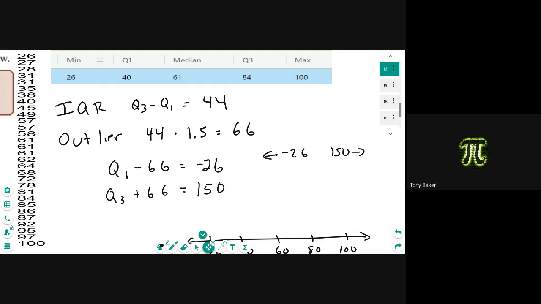But I thought those were outliers. No, that's where the outliers start. -26 and 150 are where my outliers start. I then look at my data, my 30 points that I have here. Do I have any numbers that are less than -26? Do I have any numbers that are greater than 150? Then I have no outliers.